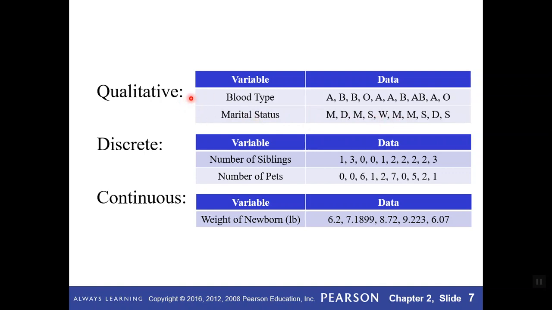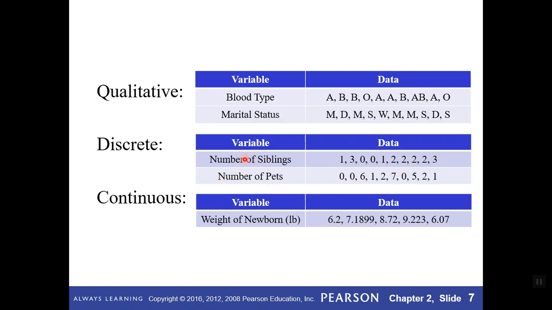Under qualitative, the variable is marital status. Then if you consider a discrete case, let's say the variable number of siblings, you have data like 0, 1, 2, 3, 4, something like that. As I mentioned here, 1, 3, 0, 0, something like that.